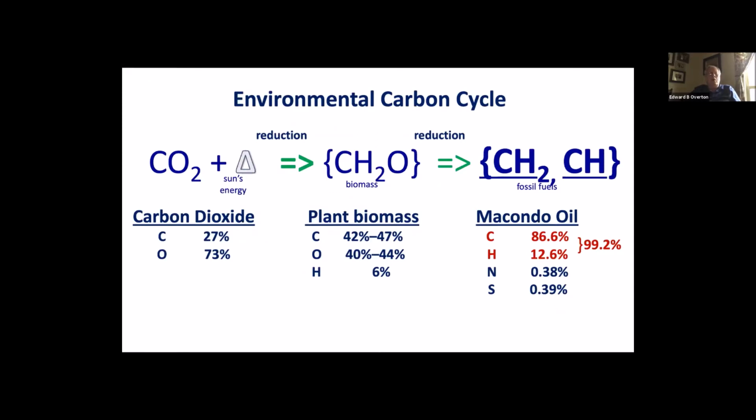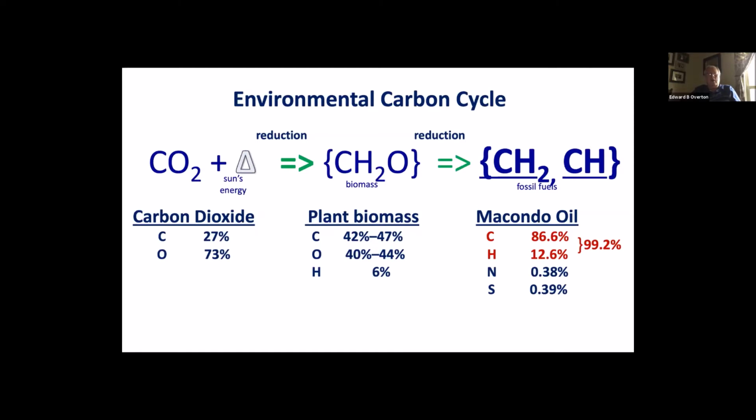This slide shows you the relative composition of carbon, oxygen, and hydrogen in these various forms. Notice as we go from carbon dioxide over to the oil, we go from carbon containing mostly oxygen to carbon containing no oxygen. In other words, the carbon is attached to hydrogen atoms, either 2 or 1, depending on the exact structure.